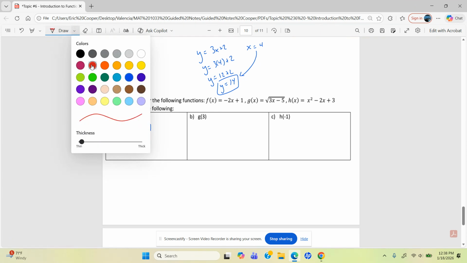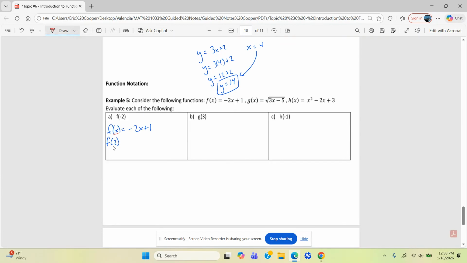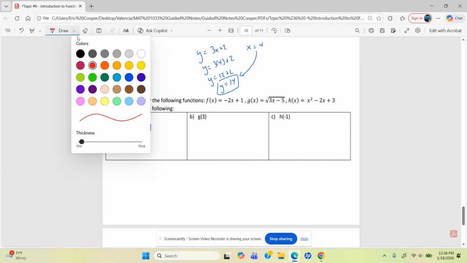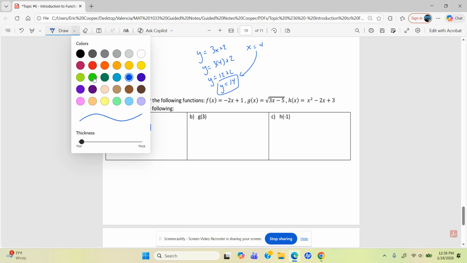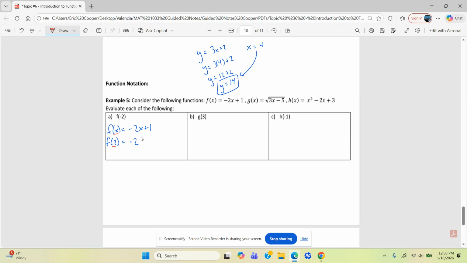If you notice, all I did was take the x and replace it with negative 2. I'm going to do the same in the equation. So negative 2, and instead of x, we're going to put negative 2 here, plus 1. So again, I just took out the x and I replaced it with what I'm solving.